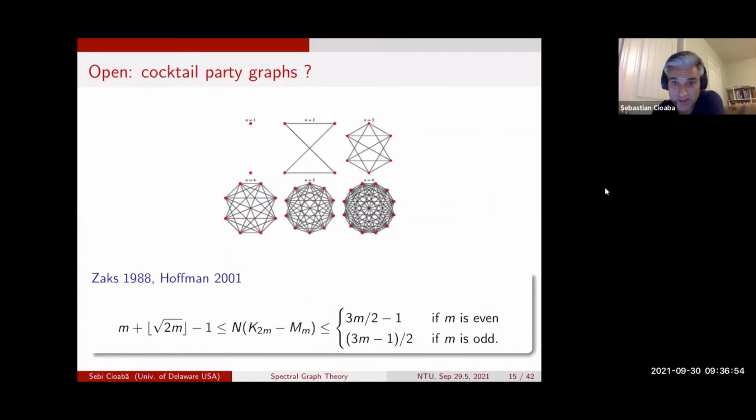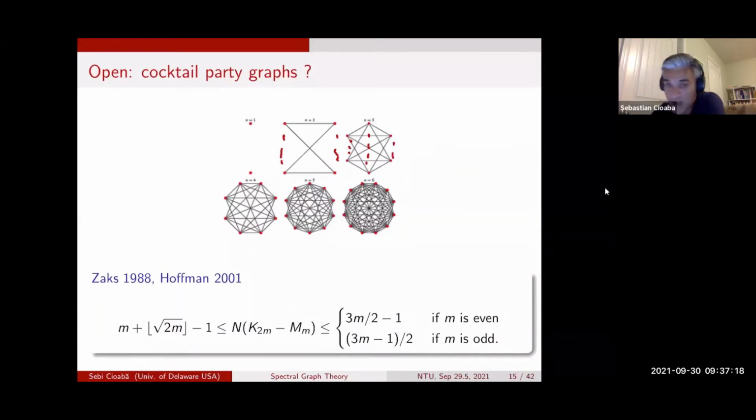It's a cocktail party graph. The situation is you have these n couples, and no person wants to talk to their partner at the dinner table. So the graph is basically the complement of a perfect matching in a graph. You have all these edges that are missing here and so on.